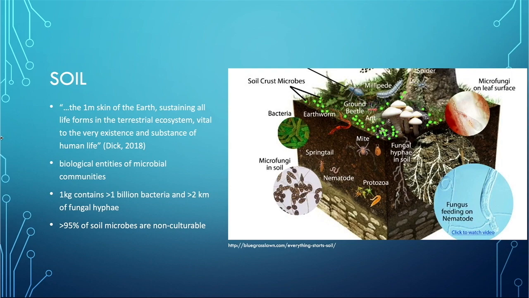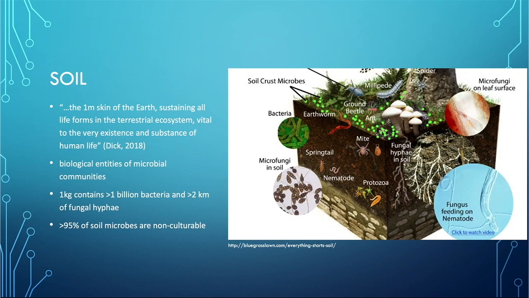It is basically made up of biological entities, of microbial communities. So it is individuals making up communities, just like people make up cities and organizations and so on. It's really how the organisms interact together with one another and with the plant that matters. In 1 kilogram of soil, we can see over 1 billion bacterial cells and over 2 kilometers of fungal hyphae.